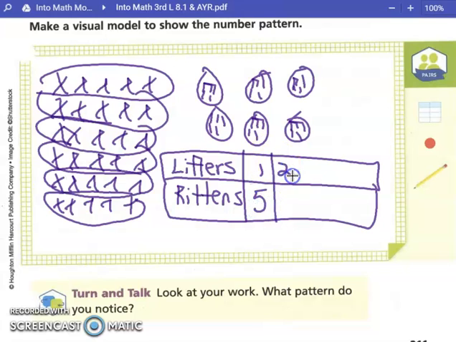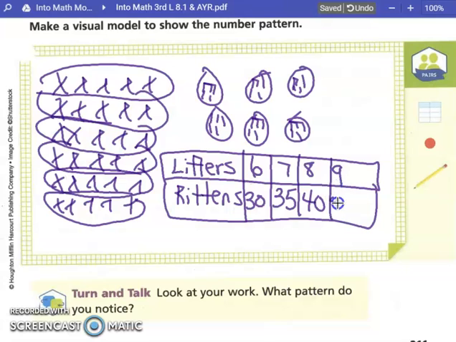If I have 2 litters, I have 10 kittens. But they wanted us to show 6 through 10. So for 6, I would have 30 kittens, right? 7, I would have 35 kittens. 8, I would have 40 kittens. 9, I would have 45 kittens. And 10, I would have 50 kittens. Okay?